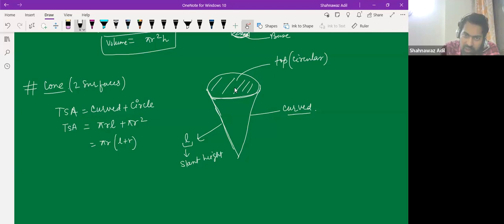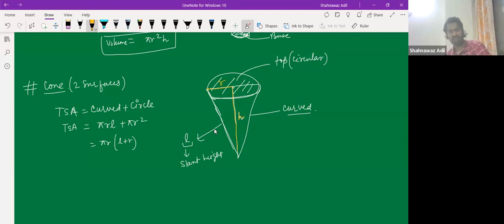And this one from the center is the height, right? So you have this length, which is r. This is h. So what would be this l?